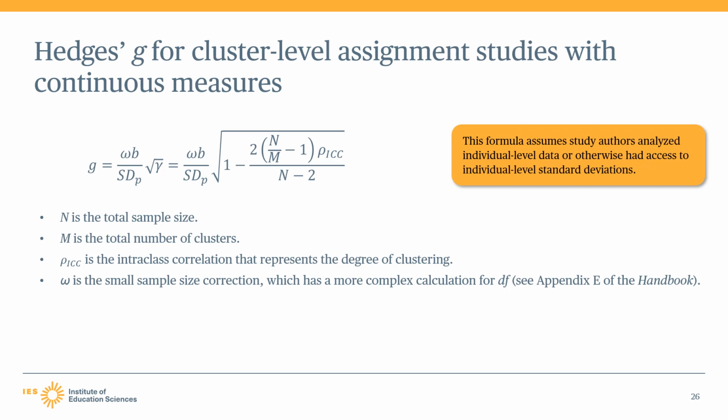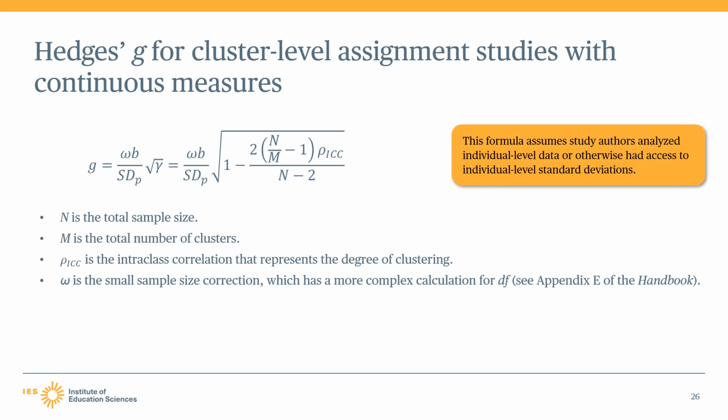In the equations shown here, N is the total number of individuals, M is the total number of clusters in the study, and rho ICC is the intra-class correlation that represents the degree of clustering. This formula is appropriate for both unadjusted and covariate-adjusted estimates of the mean difference B.